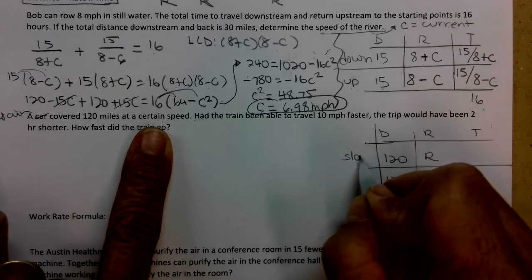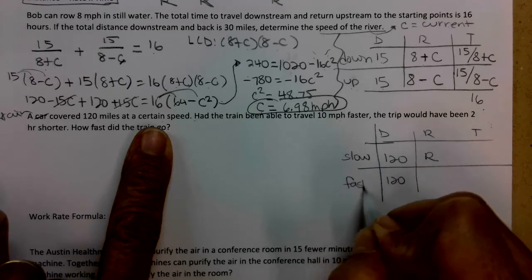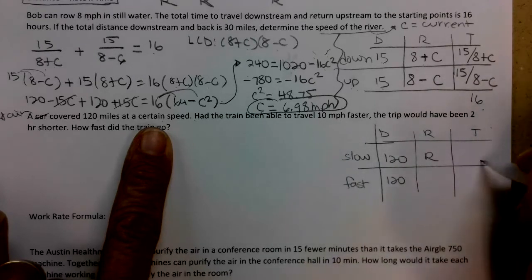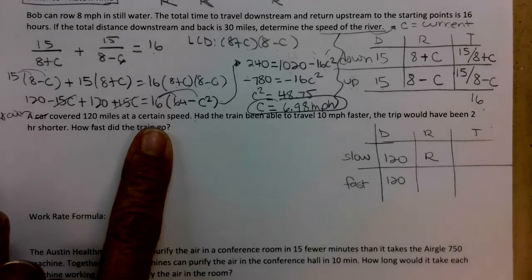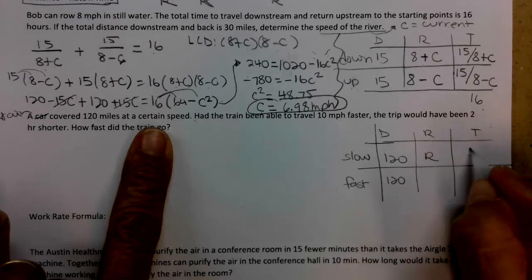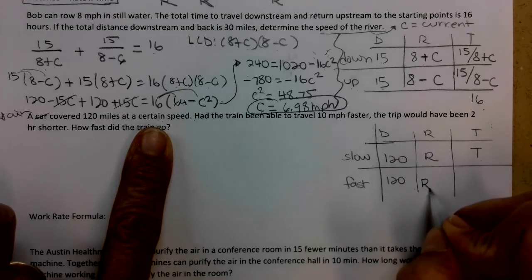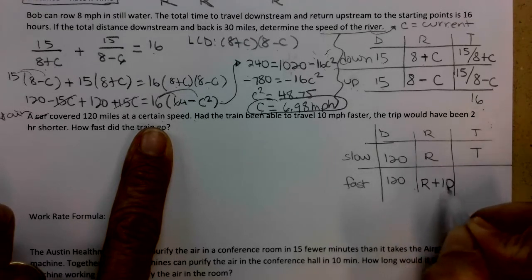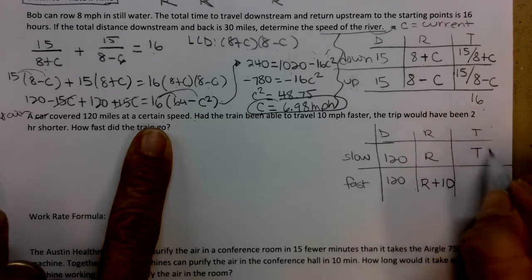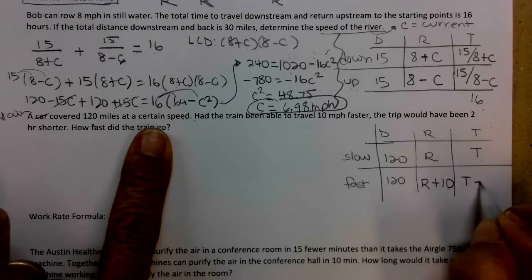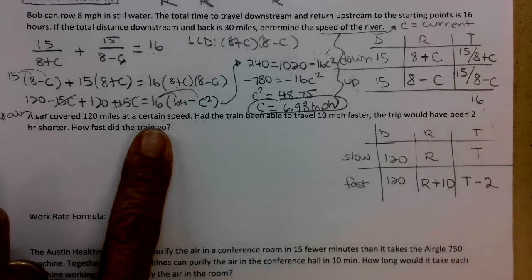So this is our slow version, and then our faster version. So in a certain amount of time, again, we don't know what that is, but if the train could have gone 10 miles per hour faster, so R plus 10, the trip would have been 2 hours shorter.